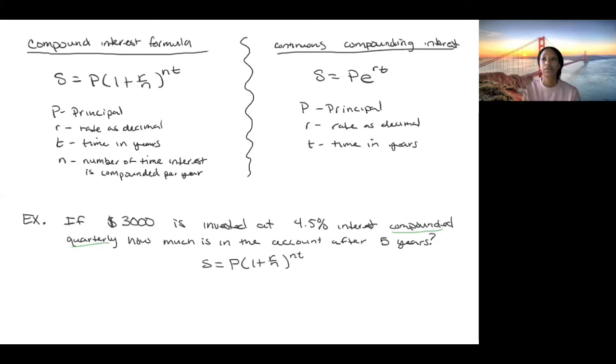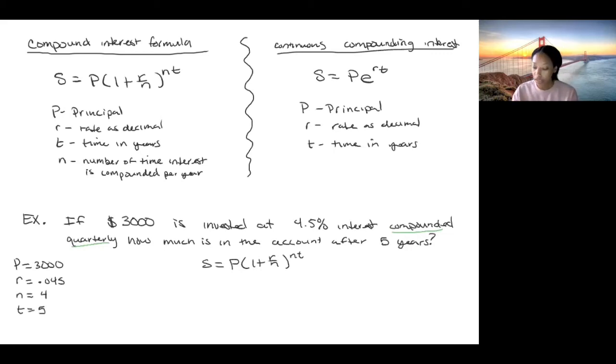S is the amount that we end up with at the end. P in this case would be 3,000. R in this case is the interest rate, 4.5%. You want to convert that to a decimal though, so 0.045. We are compounding quarterly, so our value of N, quarterly means 4 times a year. N is 4. And then T, we're doing this for 5 years, so T is 5.